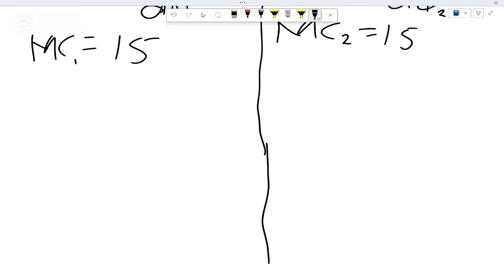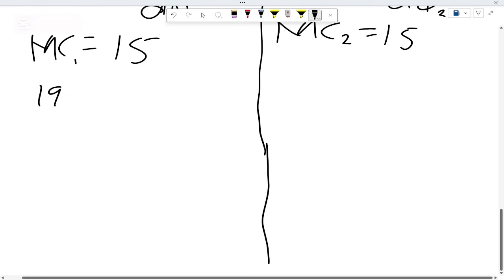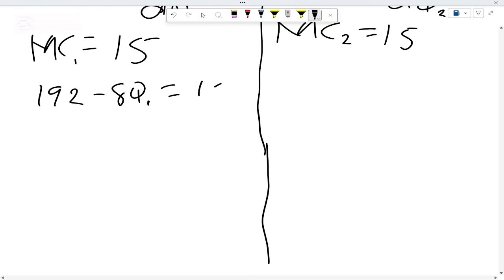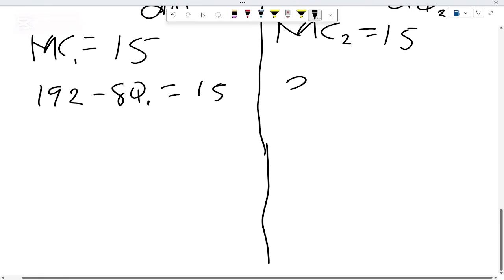So for the first market, the marginal revenue, MR1, that is 192 minus 8Q1 equal to 15. But for here, you have 375 minus 50 Q2 equal to 15.